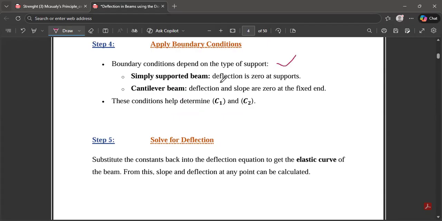For a simply supported beam, deflection is 0 at the support. Take note of this. Always for a simply supported beam, deflection is going to be what? 0. All right. And also for cantilever beams, deflection and slope are 0 at the fixed end. Fixed end.